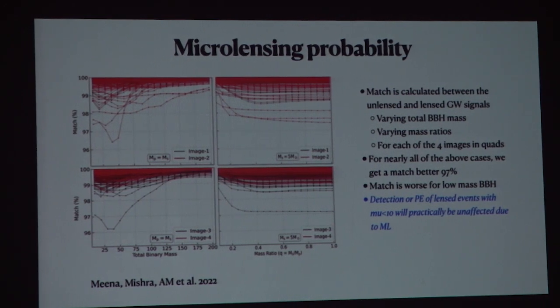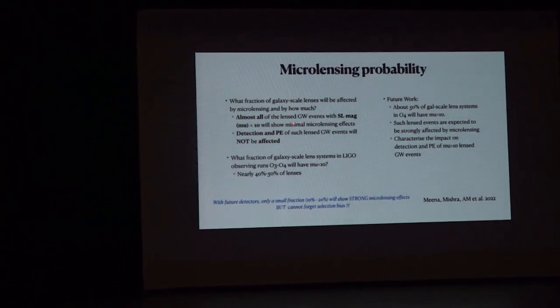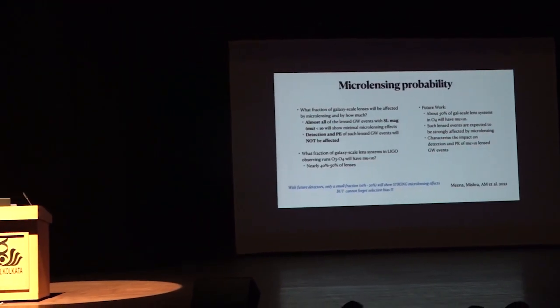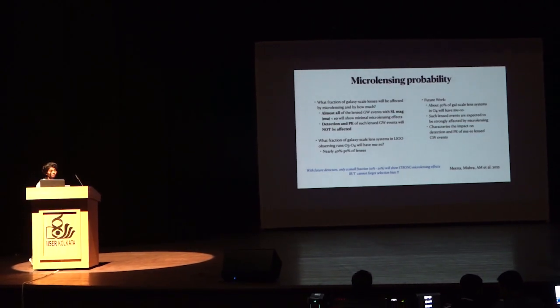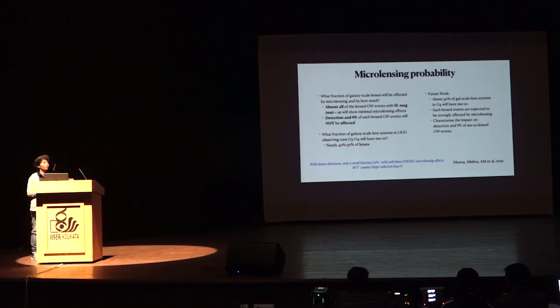Overall, we find that when the strong lensing magnification is less than 10, in most cases we don't see strong effects, and the detection or any other biases in the parameter estimation are going to be minimal. The question is, what fraction of the lensed gravitational waves will fall in this parameter space, and the answer is roughly 50% for the upcoming observing runs. This also means that the other 50% are likely to show moderate to high effects.